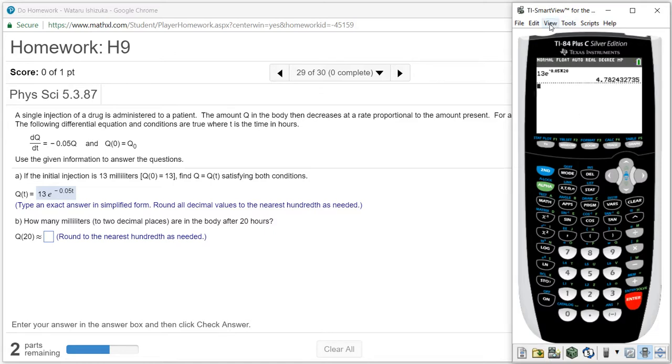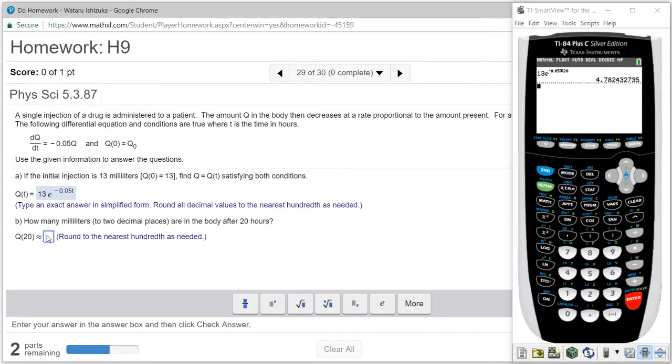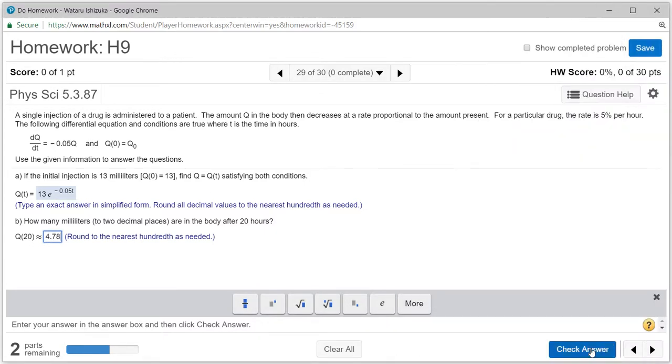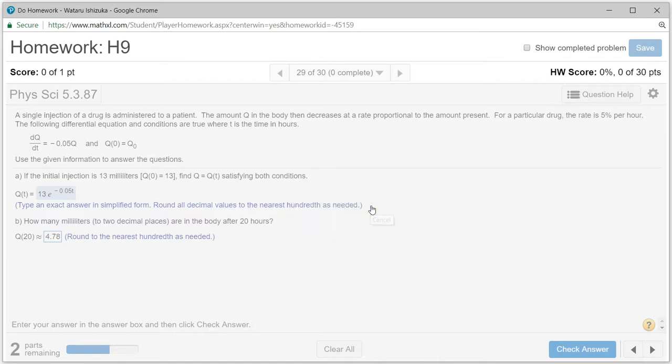We get 4.78. To the nearest hundredth, it's 4.78. Let's type it in and check the answer. We got that.